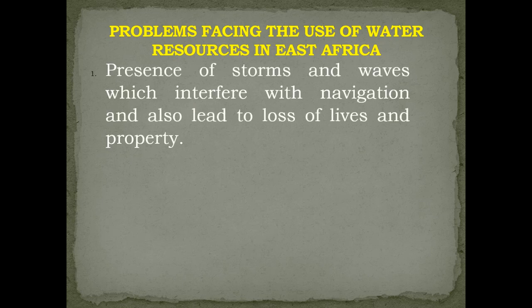One, most of the water resources, especially the oceans, the rivers, the lakes, have a problem of storms and waves, violent storms and waves. I've already told you that Lake Albert is not fully used for navigation because of the challenge of violent storms which cause accidents.